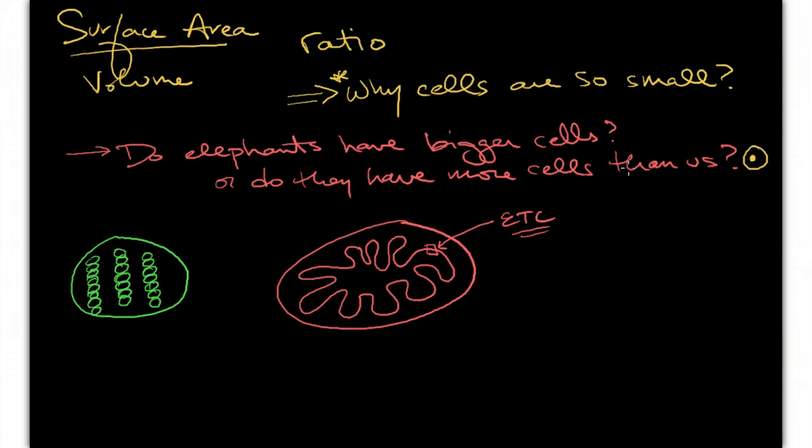Now, that's another difference. Yet another difference is that prokaryotic cells have no mitochondrion, whereas eukaryotic cells do have a mitochondrion.